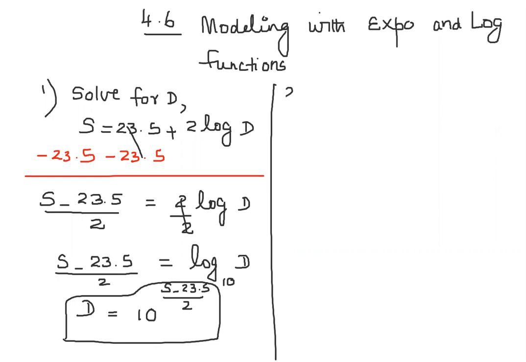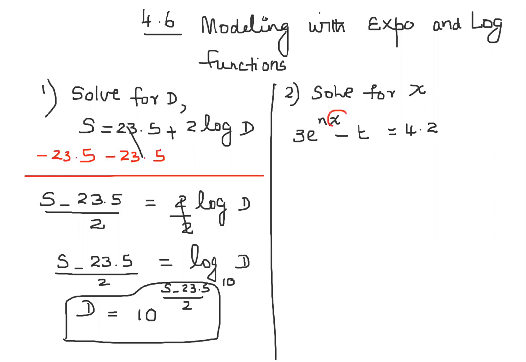Next, number 2, we have to solve for x from the equation. The first one was the log equation. The second one is the exponential equation. So we have to solve for x.